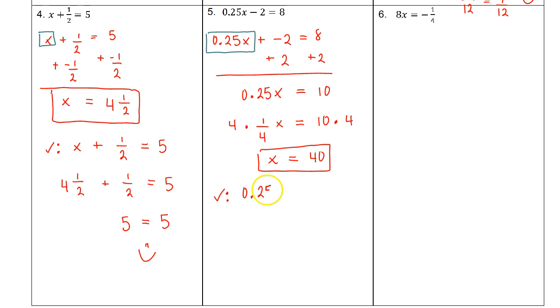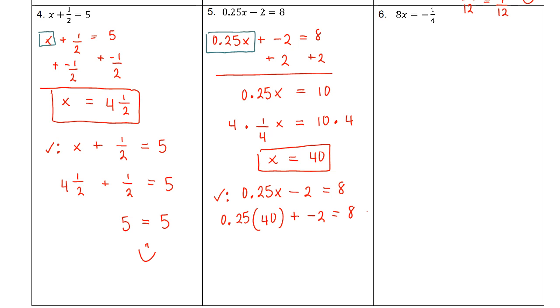I have 0.25x minus 2 equals 8. I'm going to leave 0.25 in decimal form. X, of course, we replace with our solution, which is 40. And plus -2 equals 8. So I've used the definition of subtraction to rewrite as addition.